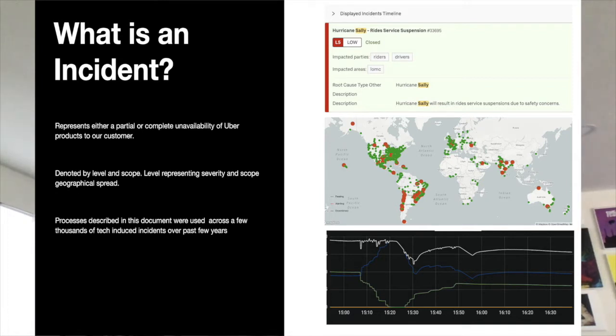That would be considered an incident, and that is one of the smallest or least impactful incidents. From there to an absolute outage where you cannot load the Uber app, order any food through our Uber Eats app, or are not able to take any ride sharing services. That will be a complete outage or incident at Uber.